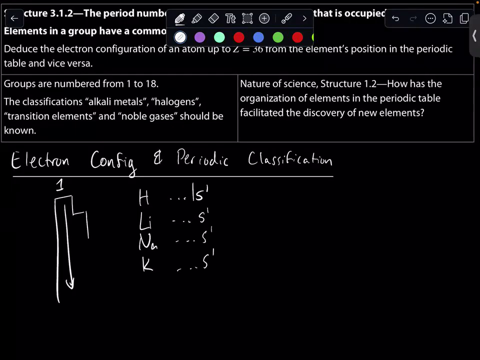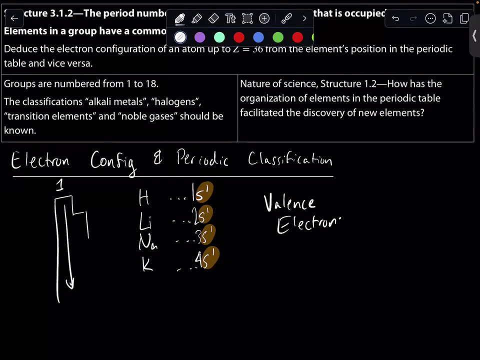Now, hydrogen ended with 1s1, lithium 2s1, sodium 3s1, potassium 4s1, but this little indicator, the s1, tells us that the outermost electrons, or the valence electrons, there's only one of them. That's it. There's one valence electron. It's in the s orbital.